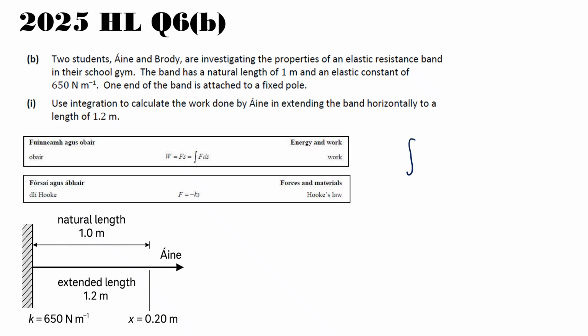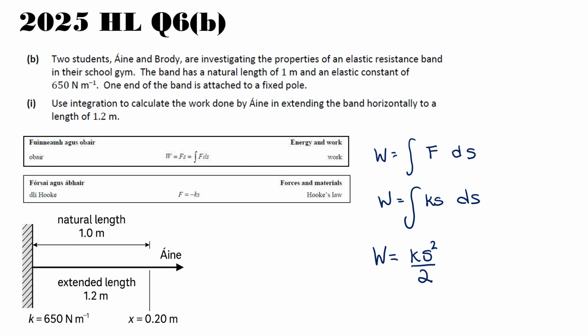So work is equal to the integral of F ds. Our F in this case is the force due to Hooke's law, which is Ks ds. So if we want to actually go and do that integration, that becomes Ks squared divided by 2 plus a constant, but we can ignore the constant for now.